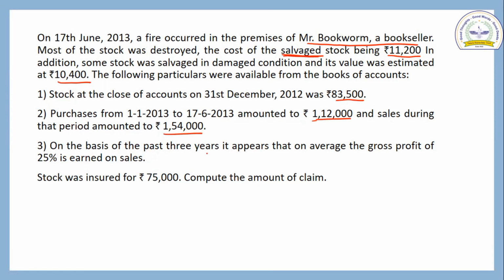On the basis of the past 3 years, it appears that an average gross profit of 25% is earned on sales. On the basis of sales, we are going to calculate gross profit. Stock was insured; this is 75,000 rupees as a policy amount, student. So we need to compute the amount of claim.